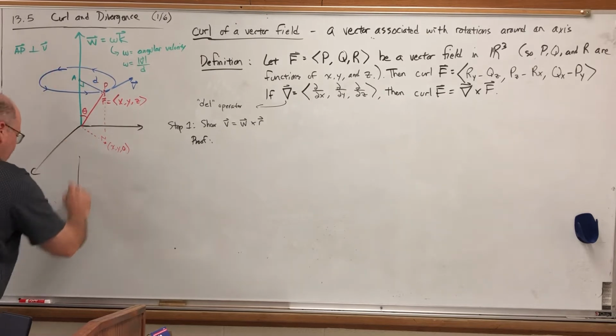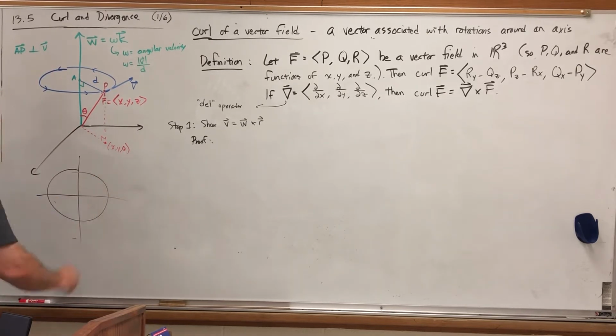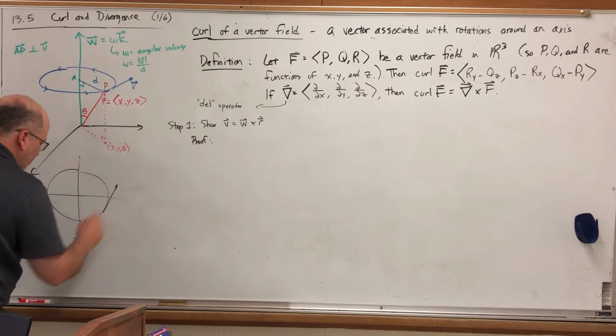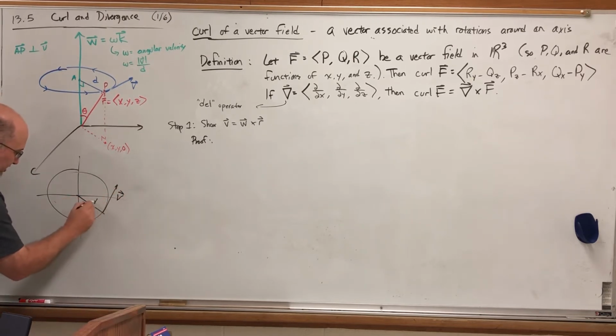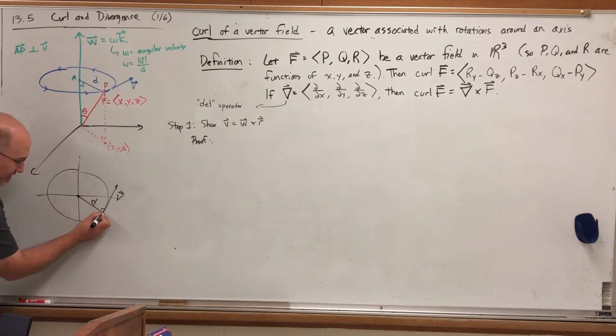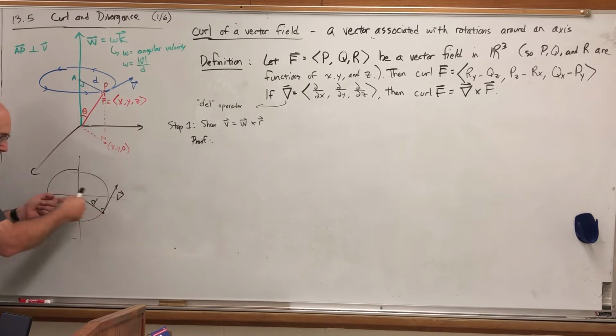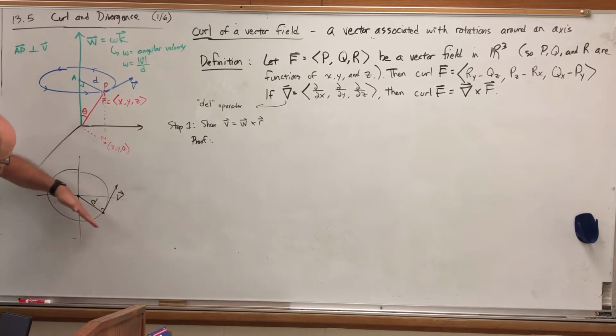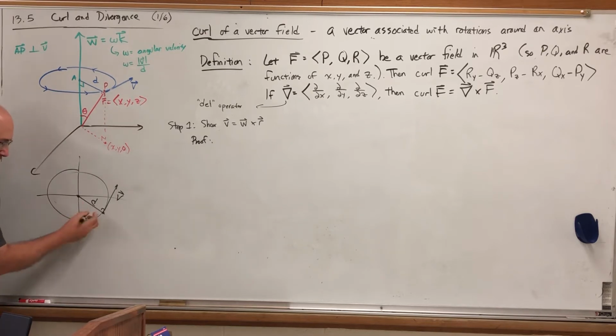If we do a top-down view of this picture, then vector V will look something like this. Here's the D measuring the distance from the axis, but the R vector is starting at the origin and ending here. So it's covered by the D, but it's coming straight up. So it should be pretty evident that from the top-down perspective, this vector here is the projection of R onto the XY plane. So we know that V is orthogonal to R.